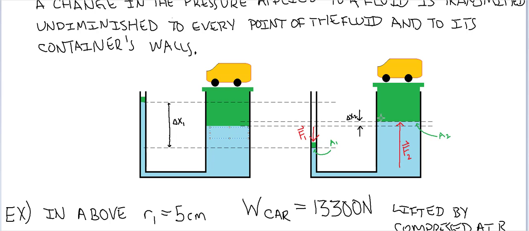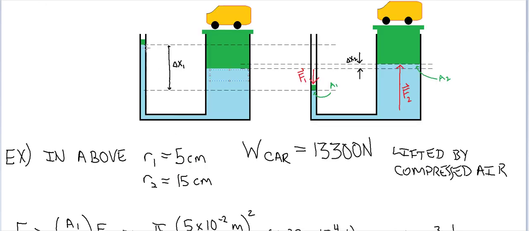So in this case, on this left side, the radius of the piston is 5 centimeters. On the right side, the radius of the piston is going to be 15 centimeters. And let's say that the weight of this car is 13,300 newtons.